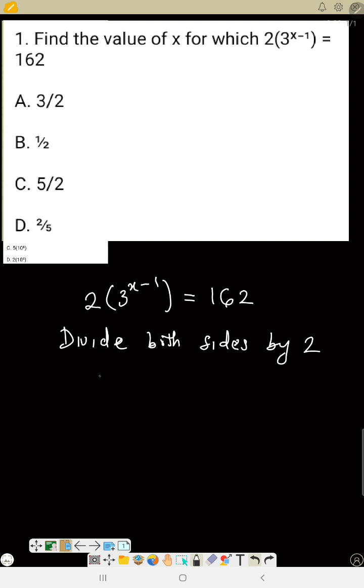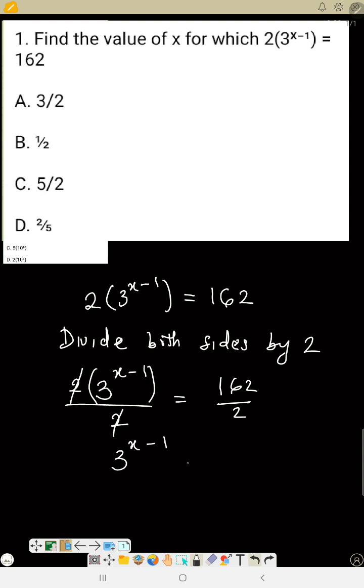So this becomes 3^(s-1) divided by 2, and we are dividing both sides by 2. 162 divided by 2, so the 2 will cancel out. It remains 3^(s-1) = 162 divided by 2. That is 81.